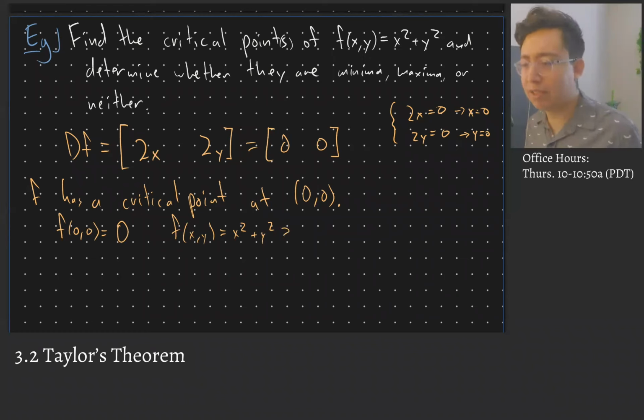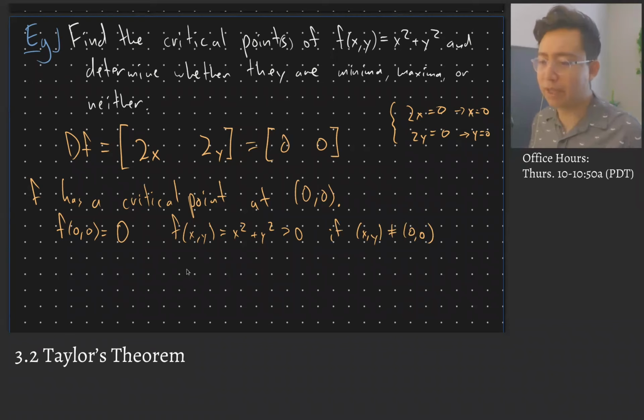So this is greater than 0 if (x, y) is not equal to (0, 0). So what does that mean? That tells us that this is going to be smaller than every other point. So that implies that (0, 0) is a minimum.